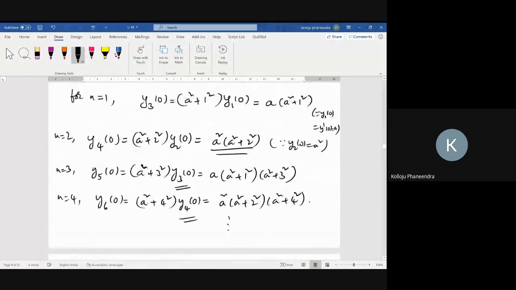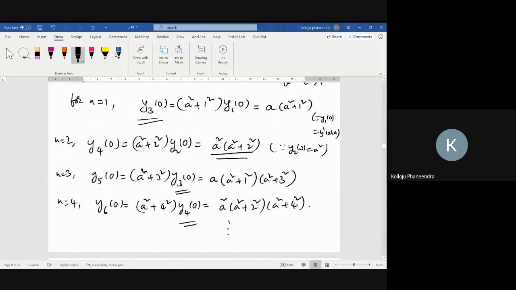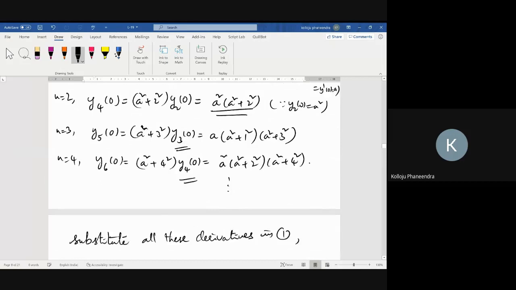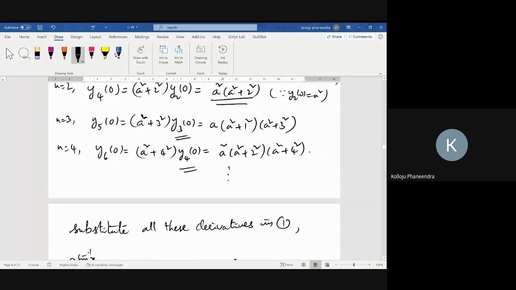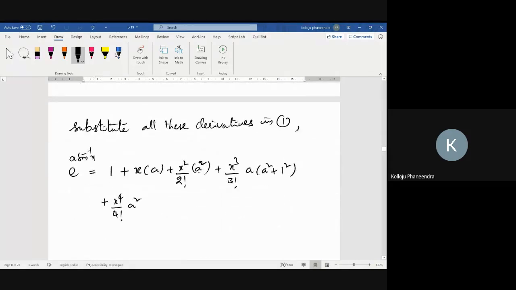What is f triple dash? This one: a into a square plus 1 square, plus x power 4 by 4 factorial. What is the fourth derivative? A square into a square plus 2 square. And the fifth one, by 5 factorial: a into a square plus 1 square into a square plus 3 square.